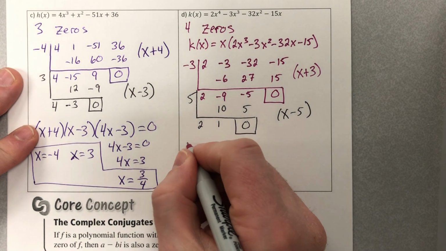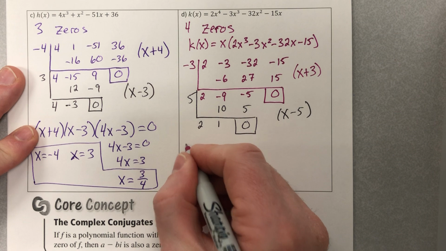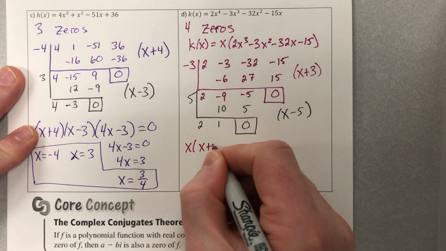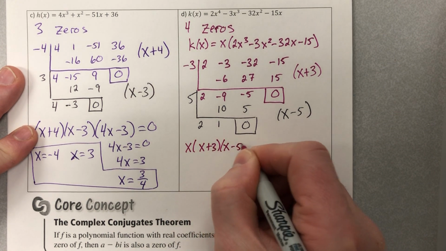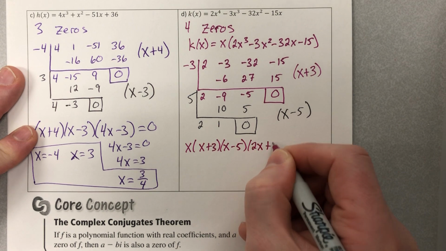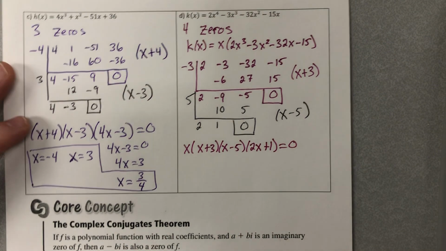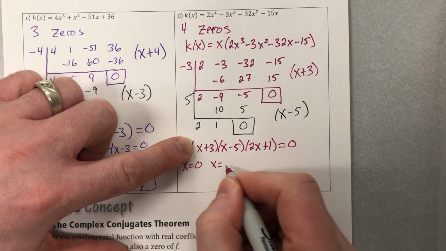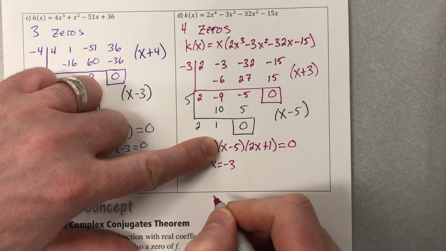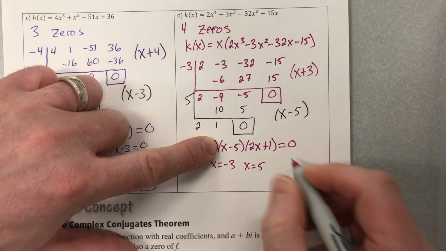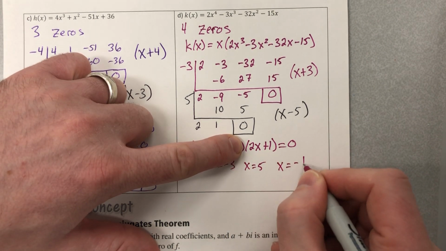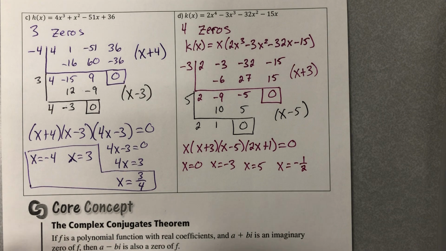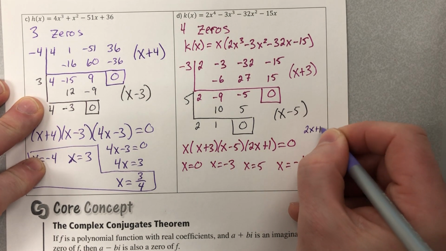And now what that leaves me with is, don't forget the x out in front, x plus 3 times x minus 5 times 2x plus 1 all equals 0. So we would now have x equals 0, x equals -3, x equals 5, and x equals -1/2. All right, and just remember that would be 2x plus 1 equals 0.